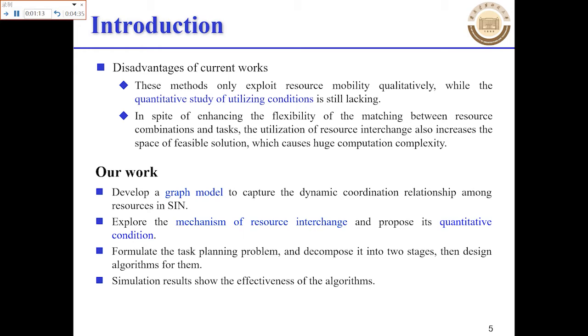Then we explore the mechanism of resource interchange and propose its quantitative condition. Afterwards, we formulate the task planning problem and decompose it into two stages, then design algorithms for them. Finally, simulation results show the effectiveness of the algorithms.